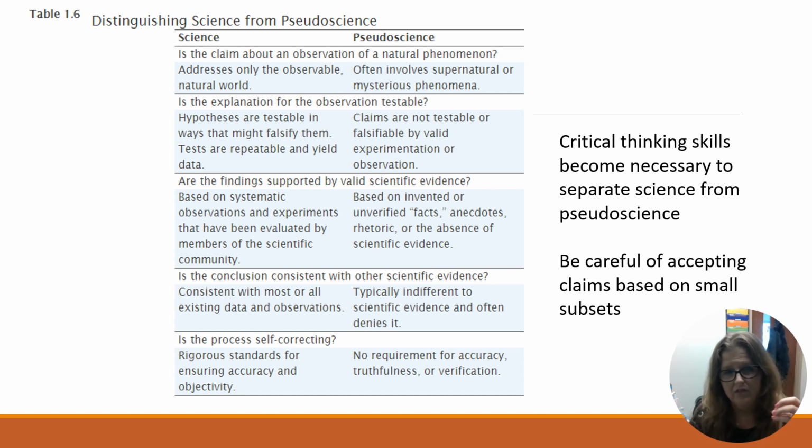They don't have room for being wrong, or they get dismissive, or some people get angry, because they don't have evidence. But good scientists know that we don't know everything, and we can use those critical thinking skills to build upon our knowledge base. And being wrong and finding new evidence to support different ways is part of that self-correcting. So there are standards for accuracy and objectivity.